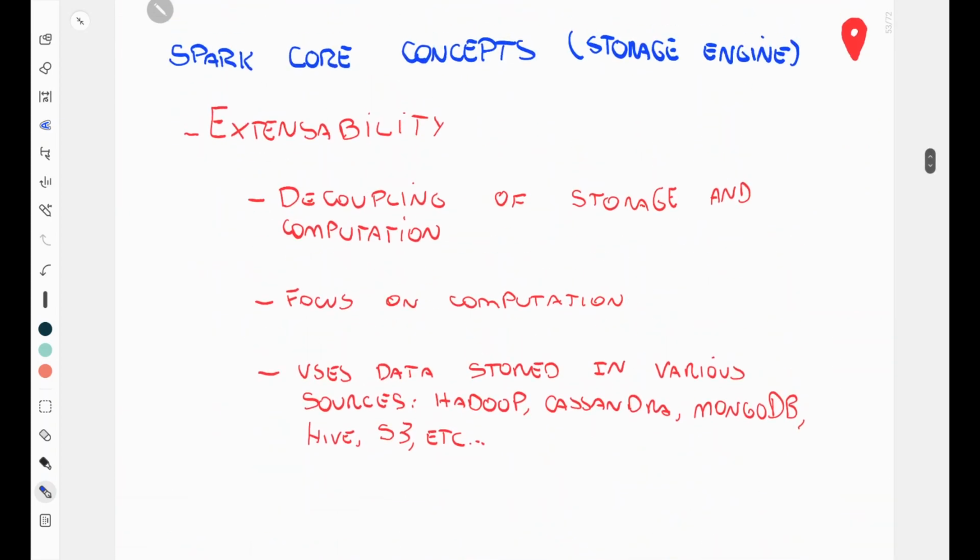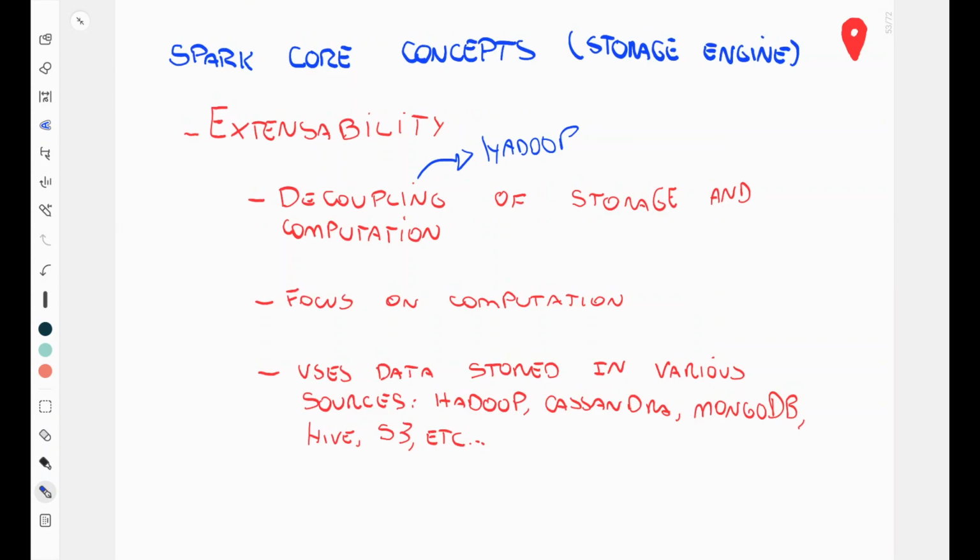regarding data. And the last key characteristic of Spark is its extensibility. It decouples storage and computation, because previously what existed before Spark was Hadoop. And Hadoop couples storage and computation, so you have to use both, right?